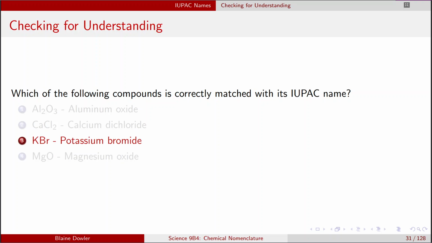So the aluminum oxide, calcium dichloride, and magnesium oxide are not quite correct in their IUPAC names. Things like calcium dichloride, we don't use the di for ionic compounds. So potassium bromide is the correct one.